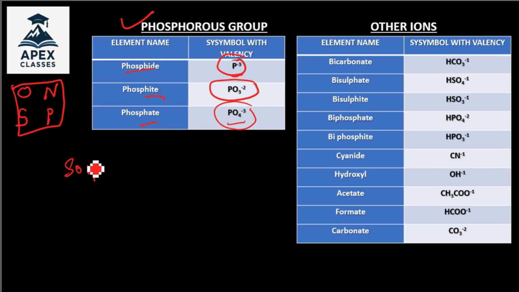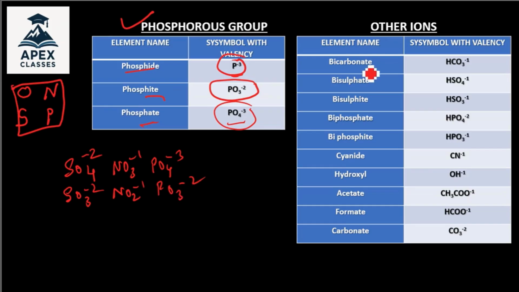Let us revise: sulfate SO4²⁻, nitrate NO3⁻, phosphate PO4³⁻; sulfite SO3²⁻, nitrite NO2⁻, phosphite PO3²⁻.